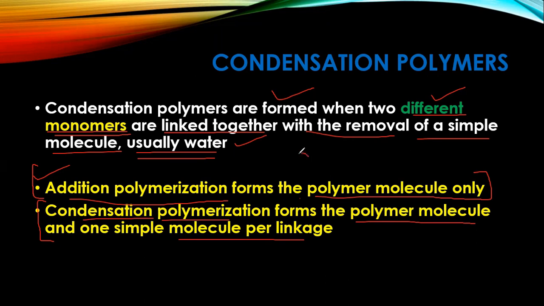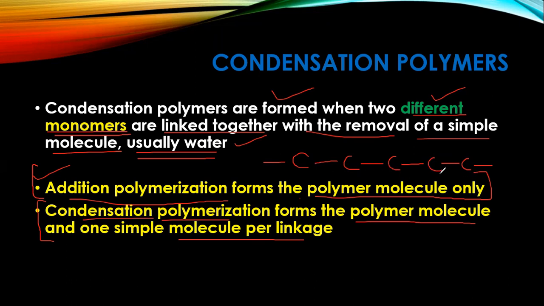And very important thing, in addition polymerization, you will see that the parent chain is having only carbon-carbon bonds. No other element will be there. In this parent chain, you won't find any nitrogen, oxygen, sulfur, phosphorus, no. Just the parent chain is made up of carbon atoms in the addition polymers.